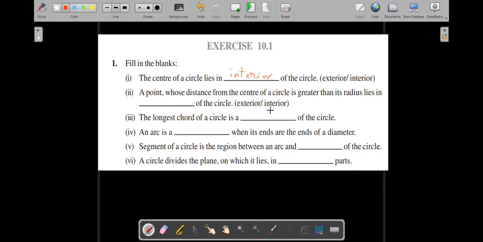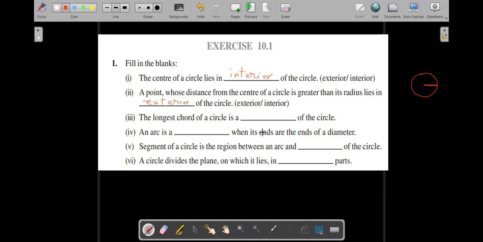A point whose distance from the center of a circle is greater than its radius lies in the exterior. Greater than the radius means outside the circle. So here, exterior.